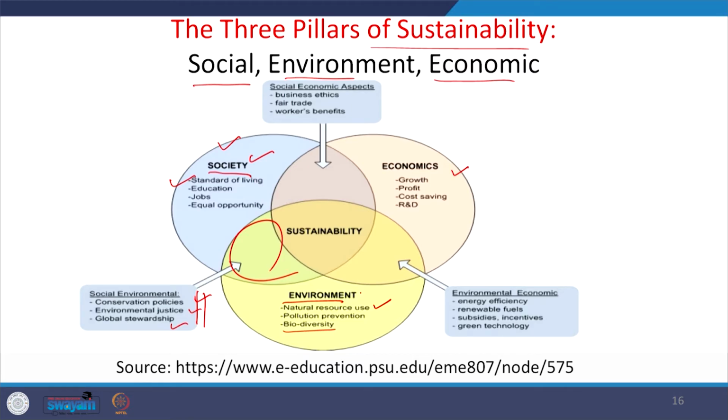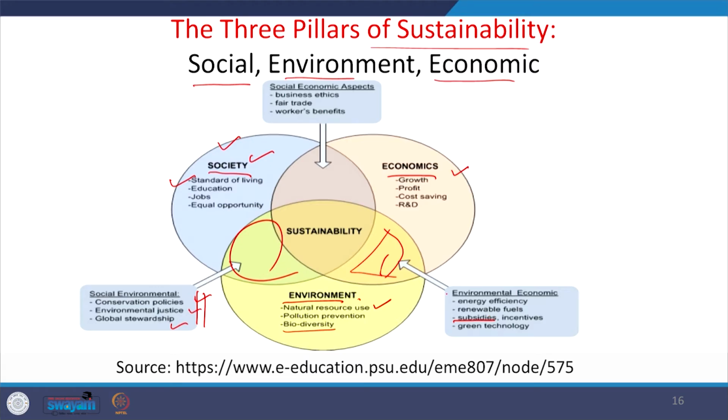So, likewise, when we are talking about the economic sustainability and environmental sustainability, these intersection points talk about how the energy will be efficiently used, or how renewable fuels are used, what the alternatives are, the policies that promote subsidizing a particular resource, giving different kinds of incentives, how to stop pollution, how to use less of these natural resources, how to promote green technology, so that resource efficiency can happen.